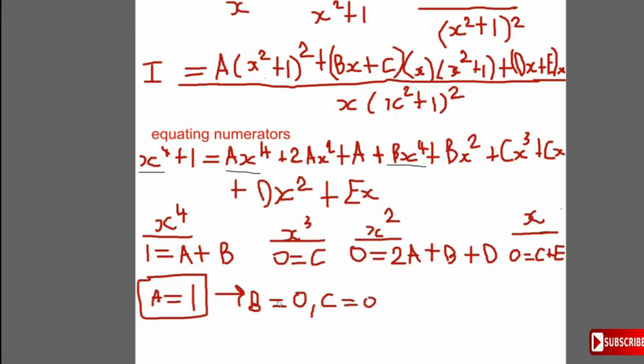And since b is equal to 0 and c is equal to 0, and a is 1, 2 plus d is 0, so d must be negative 2. And if c is 0, then 0 plus 0 is 0, so e must be 0. So these are all the solutions.